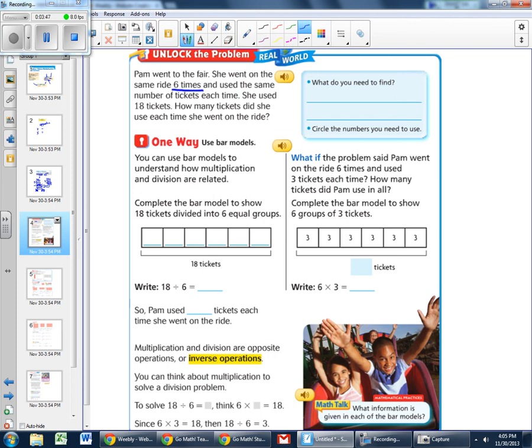She used 18 tickets. How many tickets did she use each time she went on the ride? So what do we need to find? How many tickets she used each time.